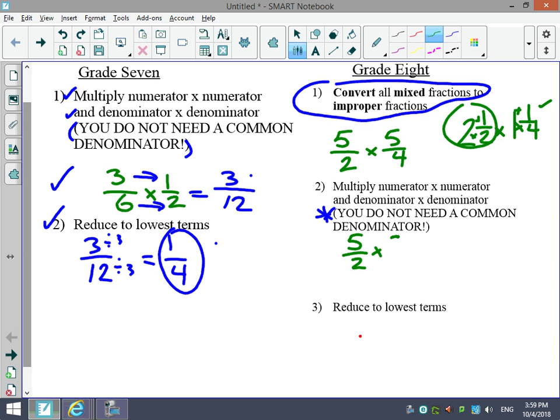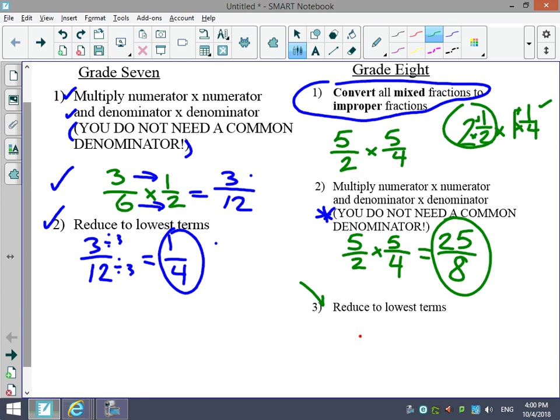And then you're simply going to multiply the numerators by each other, and you're going to multiply the denominators together. So 5 times 5 is 25, and 2 times 4 is 8. Now, like the one before, lowest terms is your last step, but if you start looking through 25 and 8, there is no number besides 1 that will go into there.